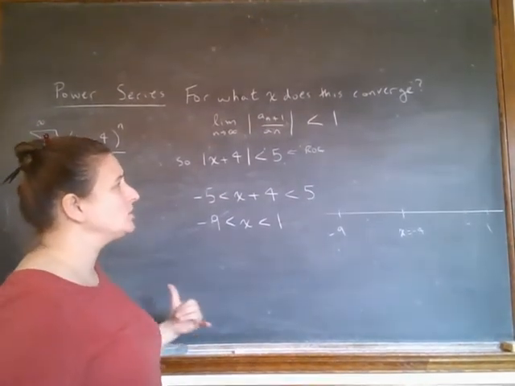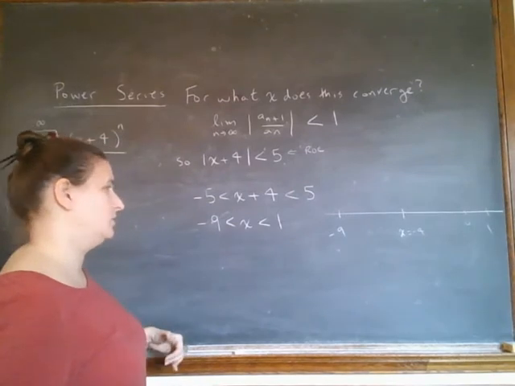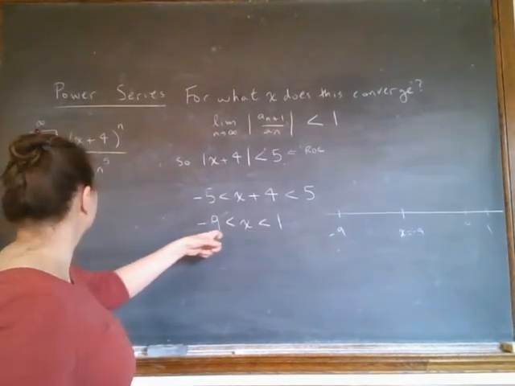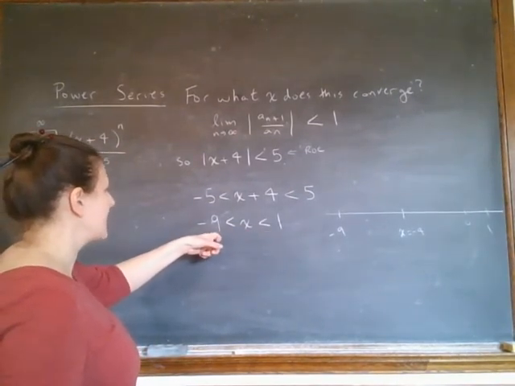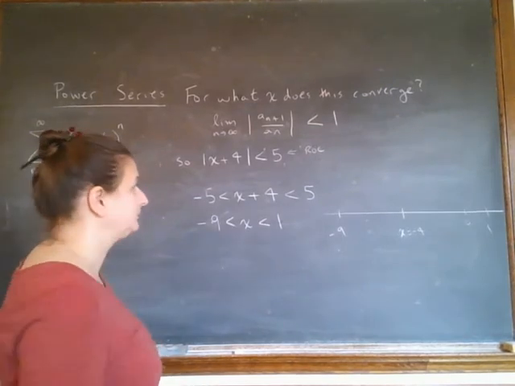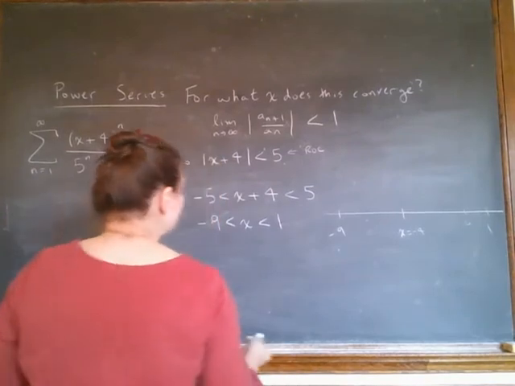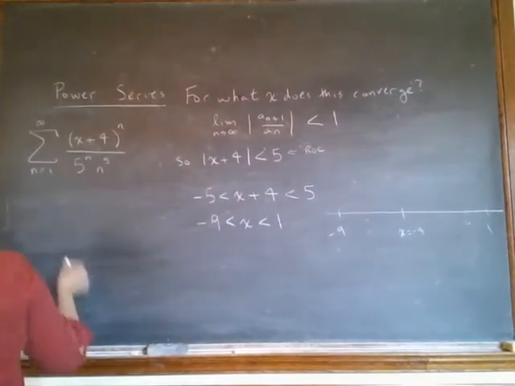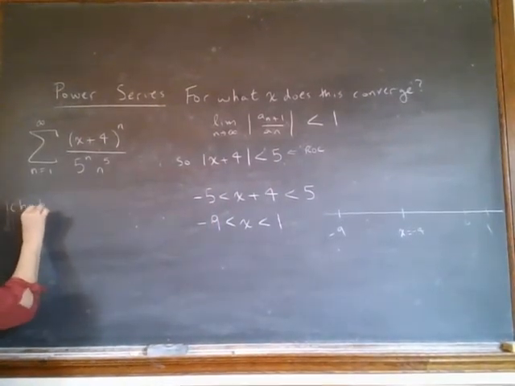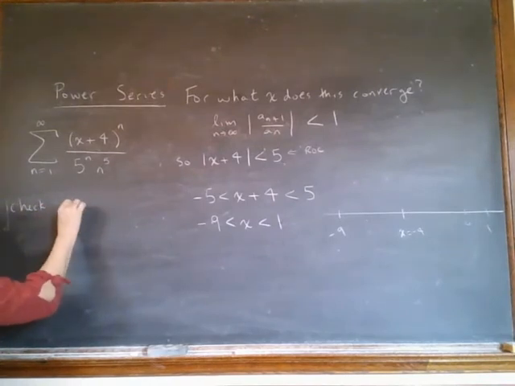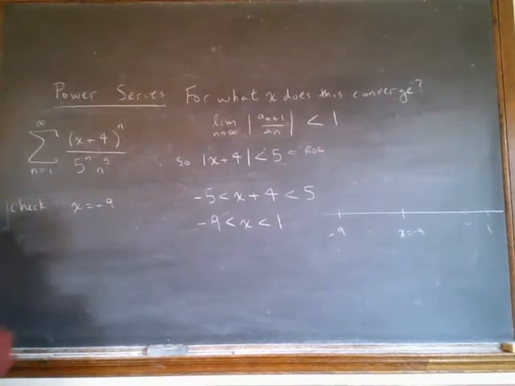If they're also asking for the interval of convergence, though, I need to test my endpoints. My endpoints here are -9 and 1. So if I'm going to check the endpoints, I'm going to put in, say, x equals -9.